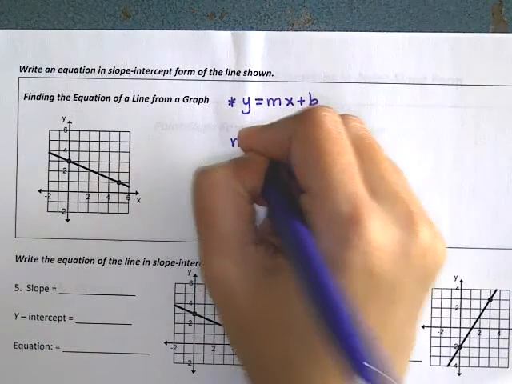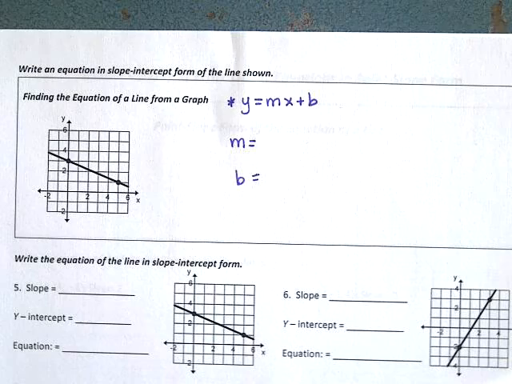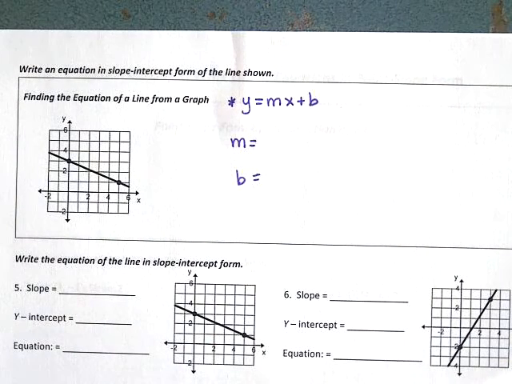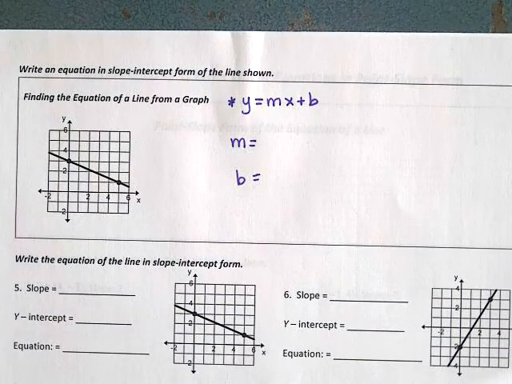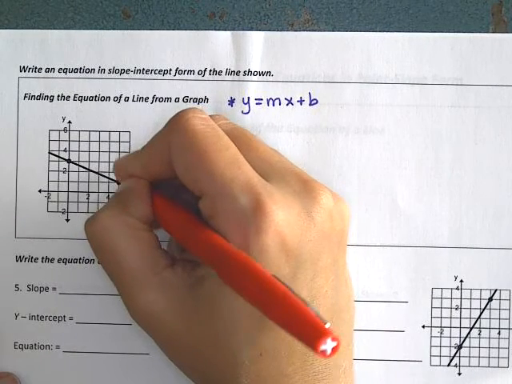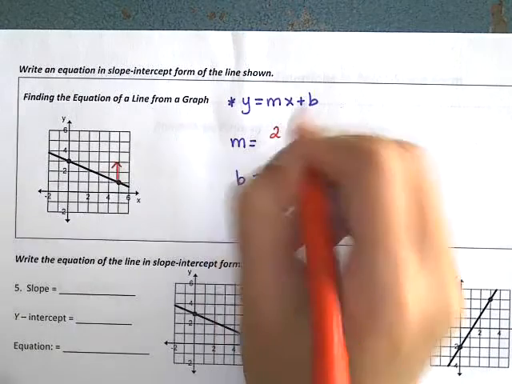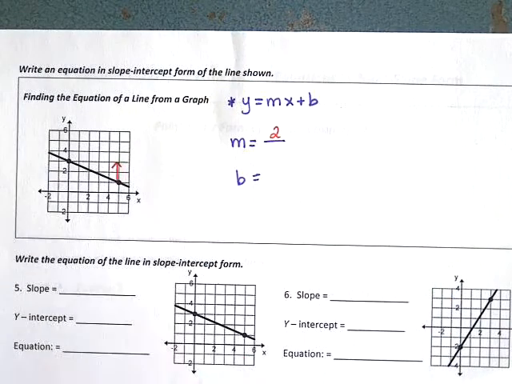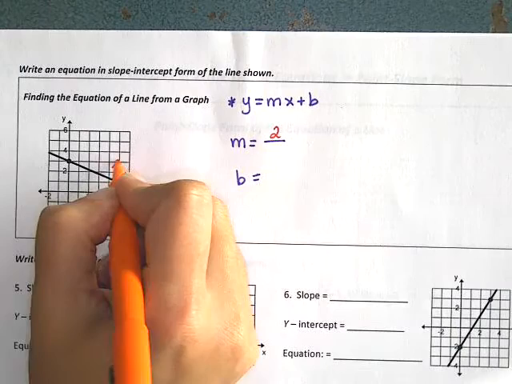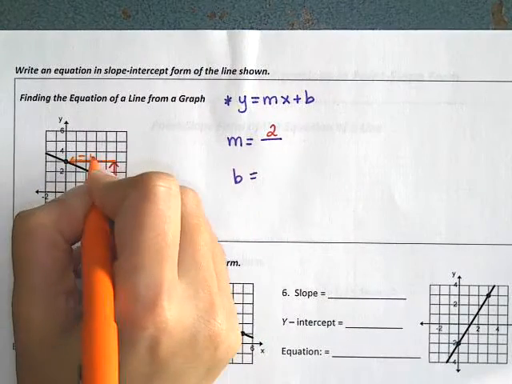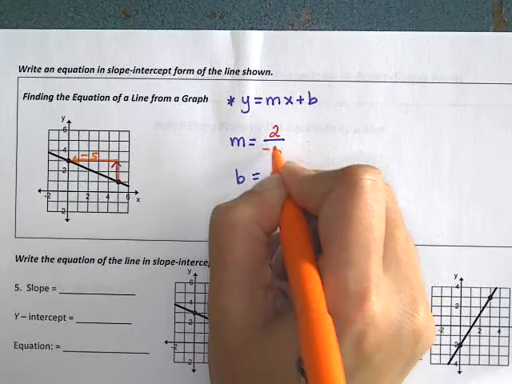I am going to need to figure out the m and the b. Now the m is the slope. Since I have a picture here, I'm just going to do rise over run. So rise 2, run, I would go left 5 spaces, so my answer would be -5.